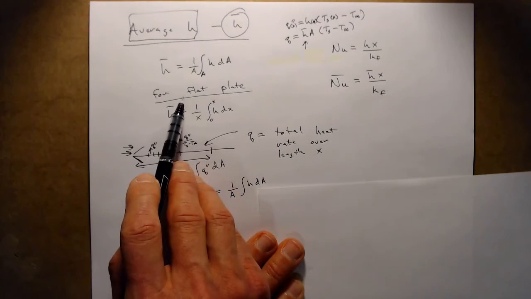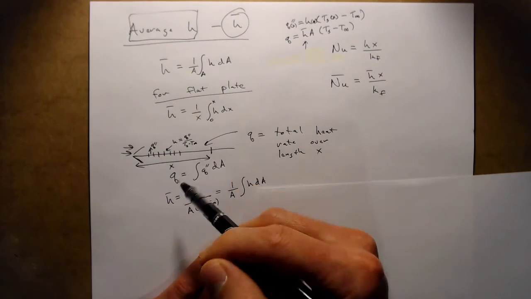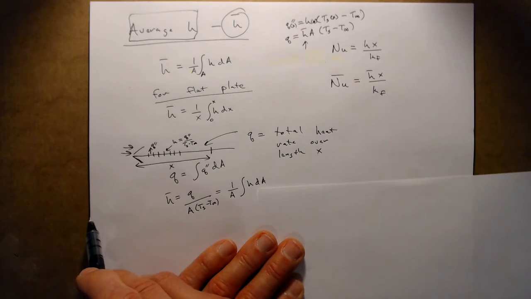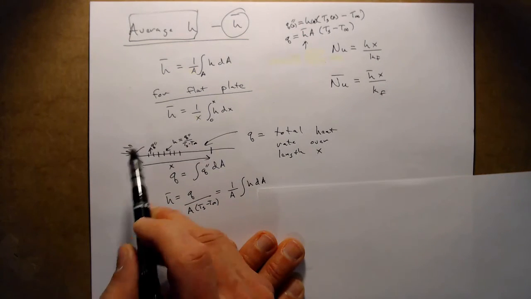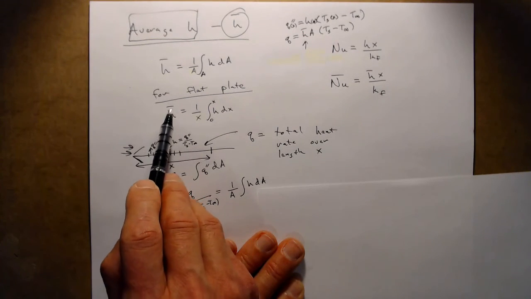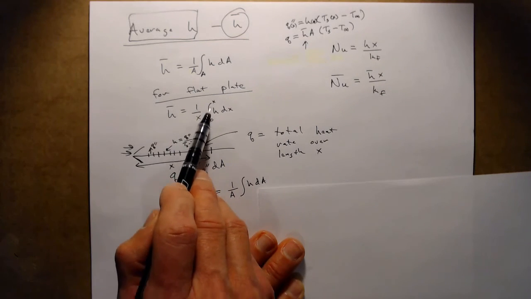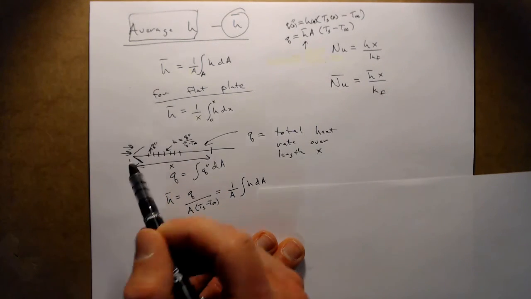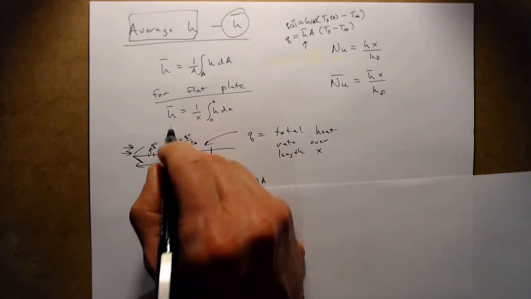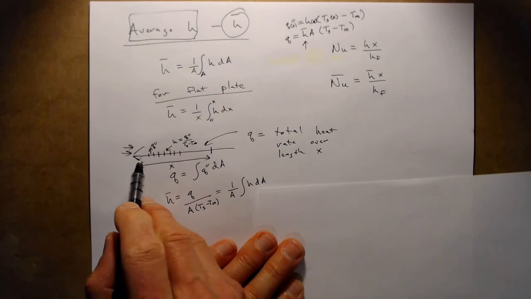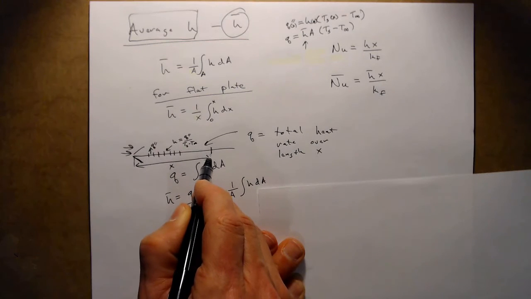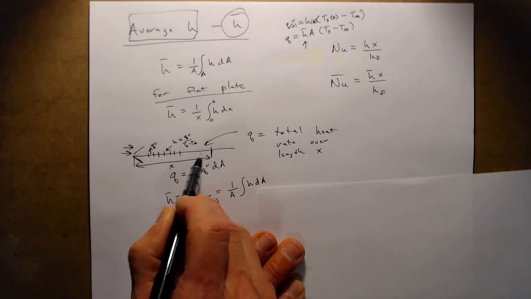Or for a flat plate where we don't care about the width, or there's no variation of the properties across the width of the plate, then we could also express this as h bar equal to 1 over x times the integral from 0 to x of h dx. And specifically, this would be the integration between the leading edge and whatever our position x was.